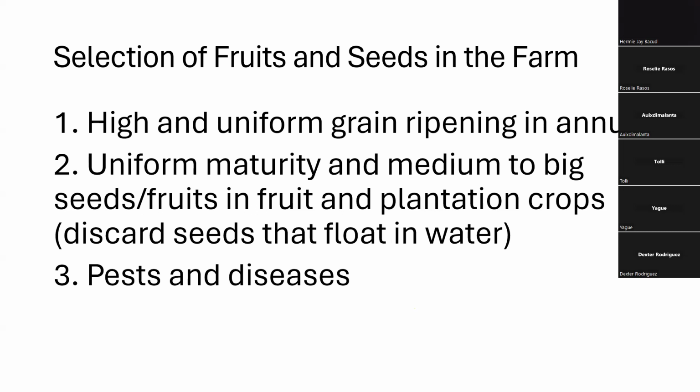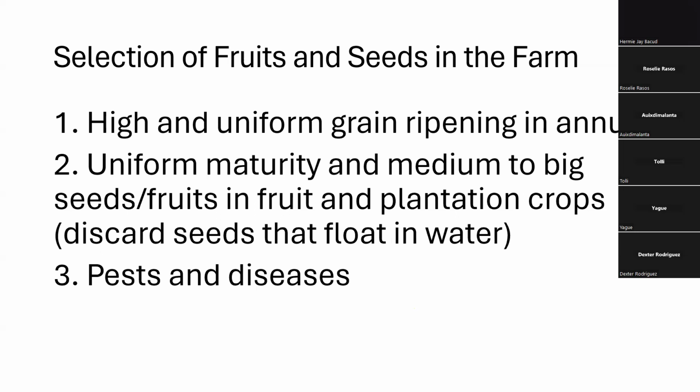Then sa scion rin, ganun rin, kailangan natin i-consider like factors gaya ng fruit quality, yield potential, and of course, yung demand ng mga consumers or yung purpose ng ating pag-produce.